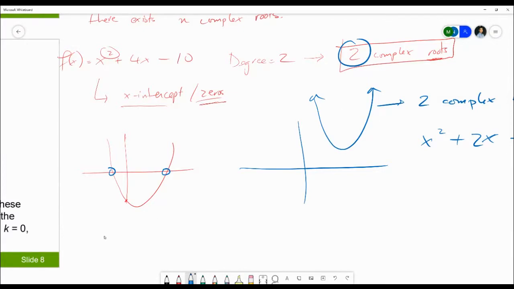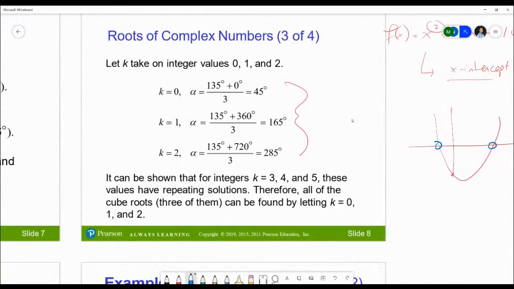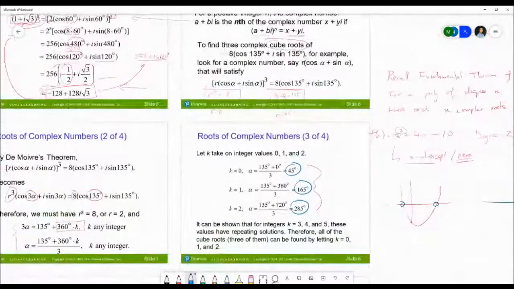Now over here, we're looking at the cube root. Okay, so cube root is going to be similar to what we have here, but you will notice that we have three different solutions. So this is basically just the inverse of the fundamental theorem of algebra, where here it asks us to have the nth degree. Here, the degree is 2.